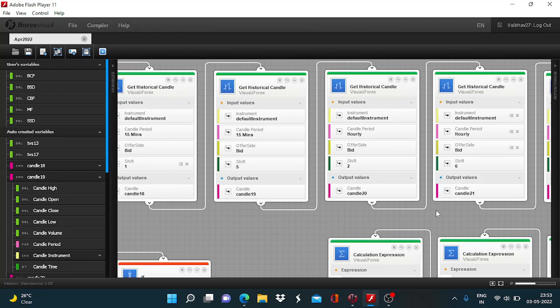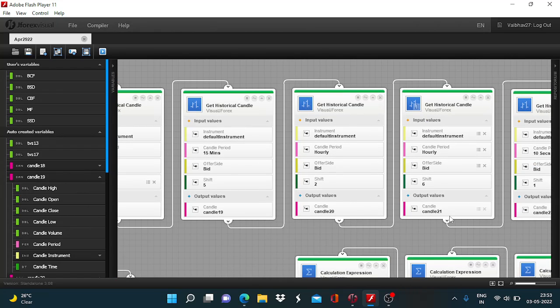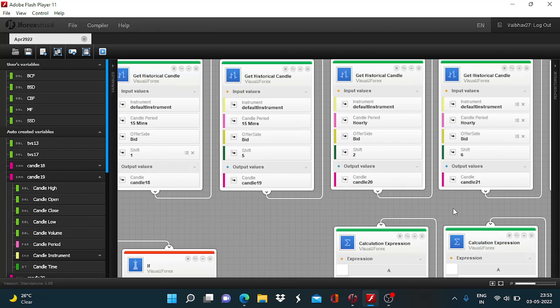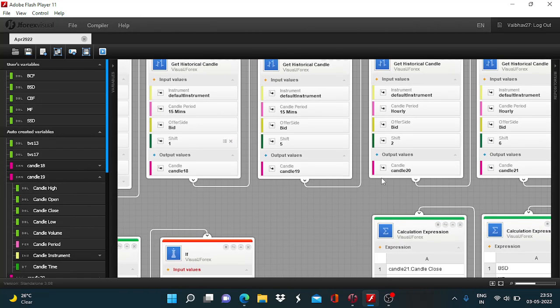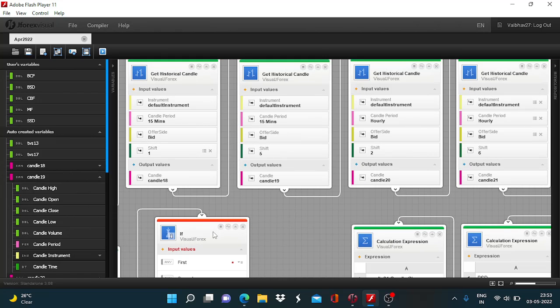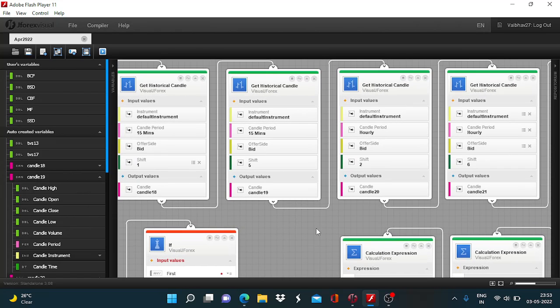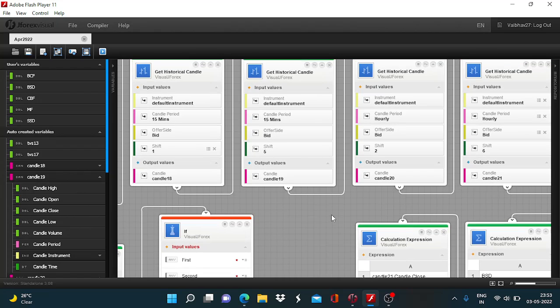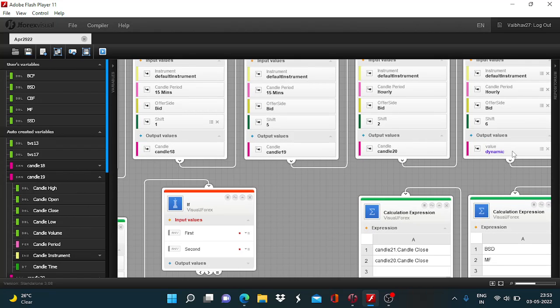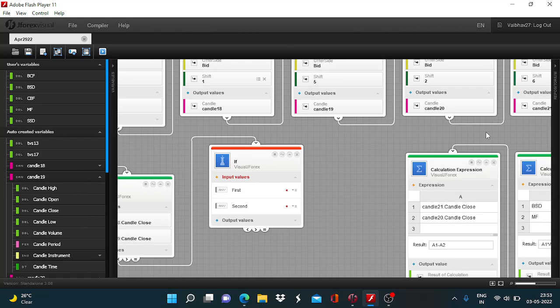and then we also look at candle 20 and candle 21's closing values. So there is going to be candle 21 candle close to be lower than the candle 21 candle close.